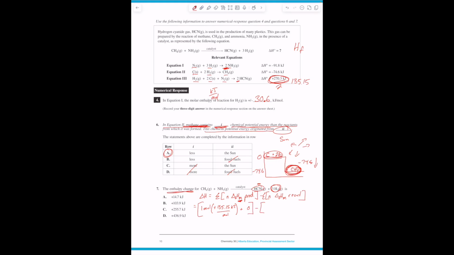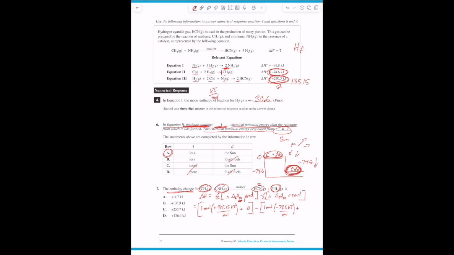Minus, now let's go to my reactants. Methane. Methane's number is 74.6 for 1. Perfect. So I'm going to go my 1 mole of methane. So 1 mole times, what is it? Negative 74.6 kilojoules per mole.